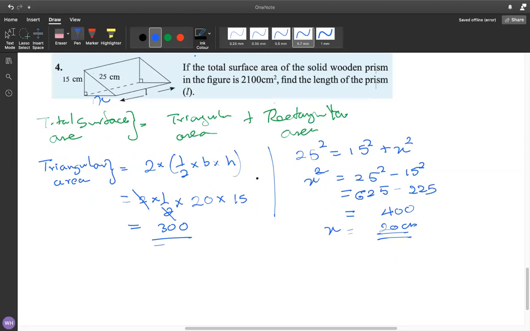Now we can find the rectangular surface area separately. The rectangular area equals the total area minus the triangular area. The total area they have given us is 2100 square centimeters.